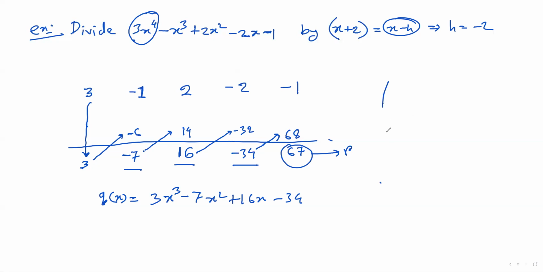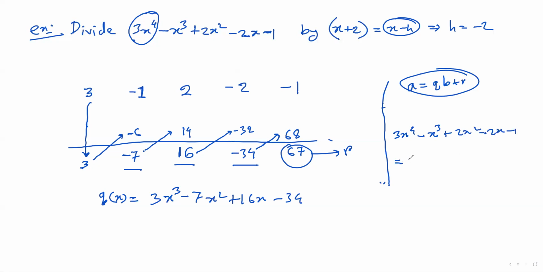If someone is interested to write in the format a equals qb plus r, then you can write 3x to the power 4 minus x cube plus 2x squared minus 2x minus 1 is equal to x plus 2 times 3x cube minus 7x squared plus 16x minus 34, plus a remainder 67. So this should be the answer. Please let me know if there is any confusion anywhere regarding the process.